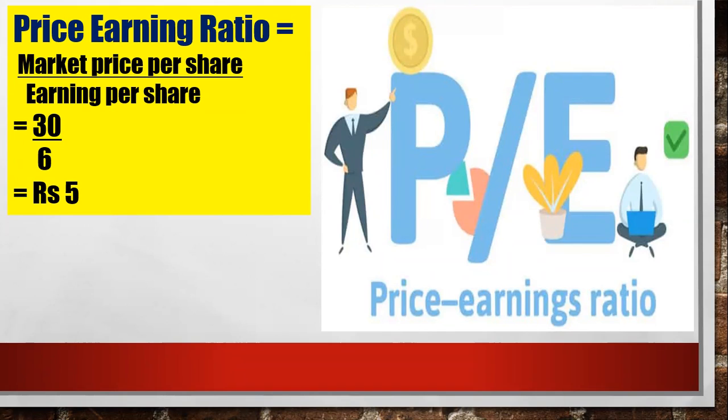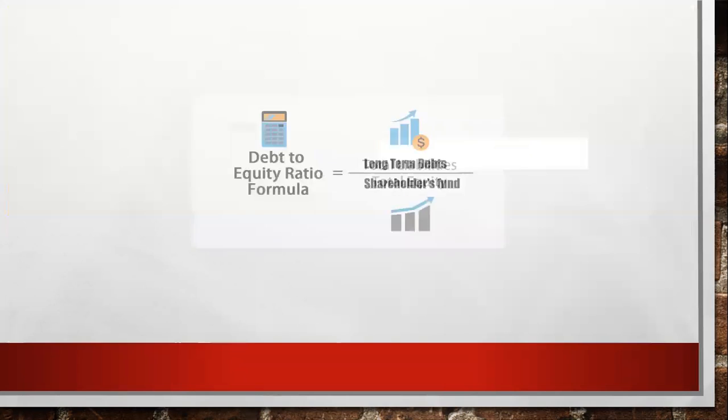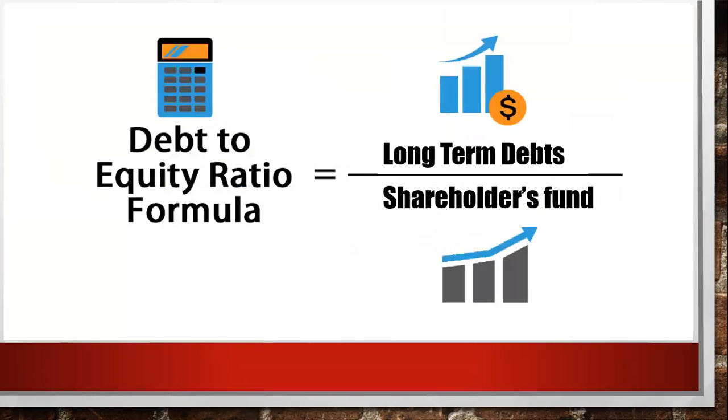And we are left with the solvency ratio and activity ratio. We'll see them one by one today. So next is solvency ratio, and the first one is debt equity ratio. Whenever they tell you to find the debt equity ratio, you can see the contribution of outsiders, and the equity shareholders are the owners of the company.